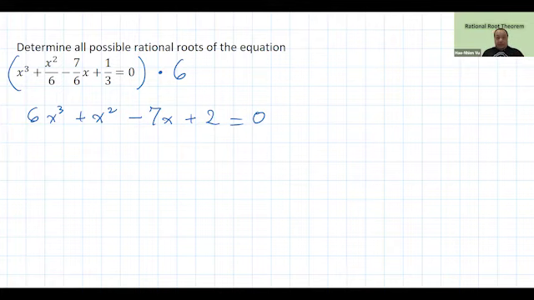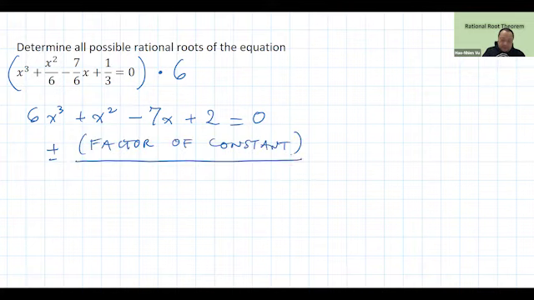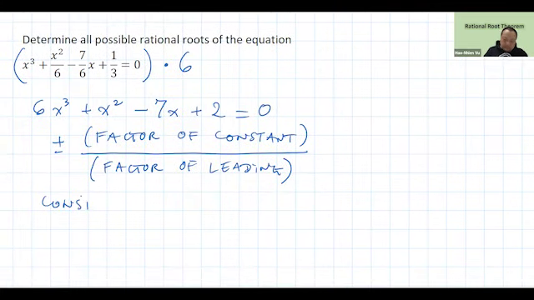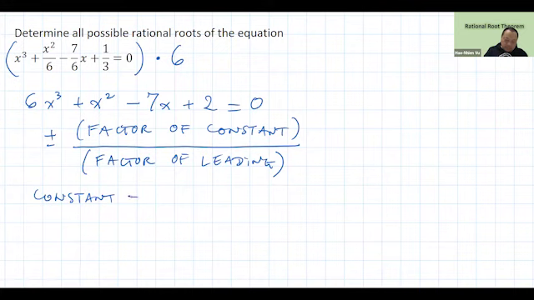I can apply the rational root theorem: plus or minus factor of constant over factor of leading. Constant equals 2, so the factors are 2 and 1.